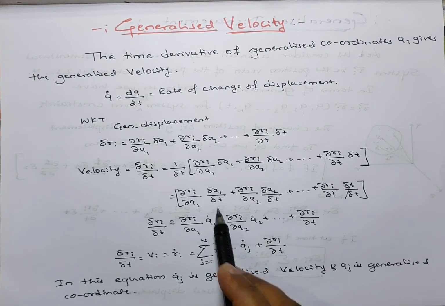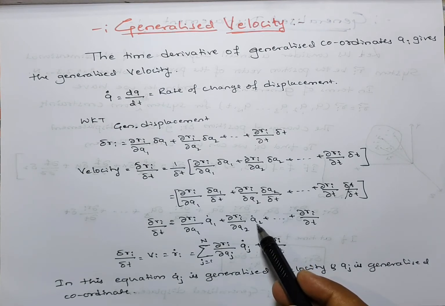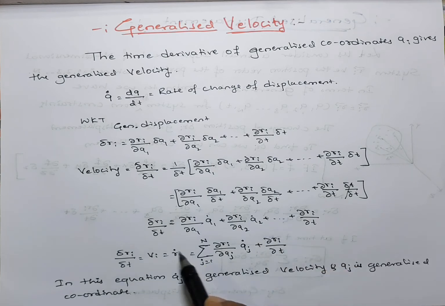Del q1 by del t is nothing but q1 dot, del q2 by del t is nothing but q2 dot, right? So del ri by del t is nothing but the velocity, which we can write as ri dot, the velocity of the ith particle.